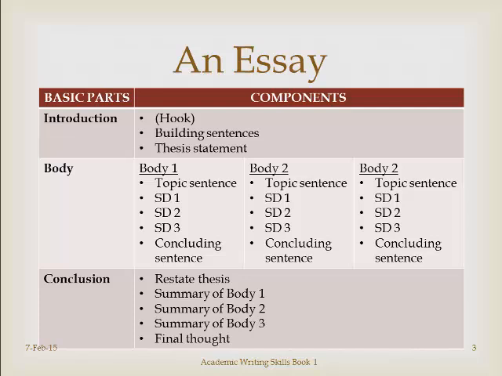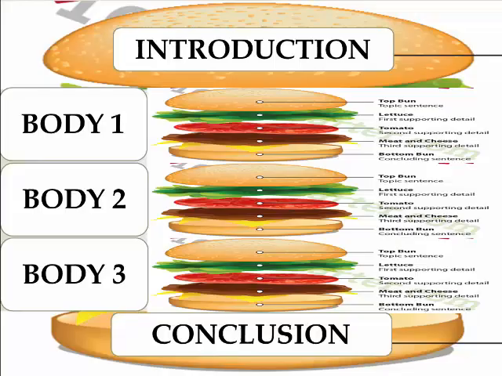Then you summarize all the points in the body paragraphs, and you end with a final thought. So basically what you're doing is making a mega burger where a giant top bun makes for the introduction and the giant bottom bun for the conclusion, but you have three mini burgers for the three body paragraphs.